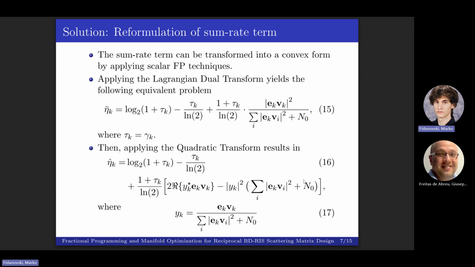Accordingly, we then apply the quadratic transform to equation 15, and then we obtain the fully convexized version of our objective function, which is seen now in equation 16, with again the quadratic auxiliary variable yk as defined in equation 17.